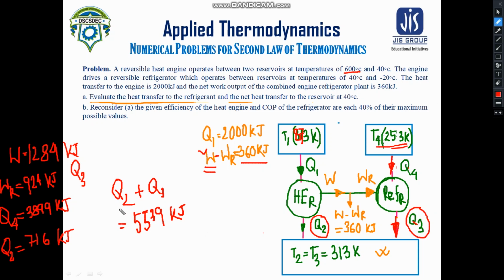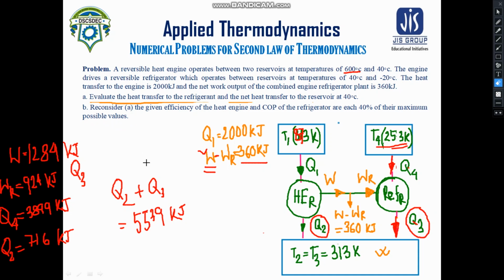Let us see what is mentioned in the second problem. Now they have said to reconsider the given efficiency of the heat engine and the COP of the refrigerator, each 40% of their maximum cases. Now what happens if the efficiency of the heat engine and the COP are each 40% of their maximum possible values?